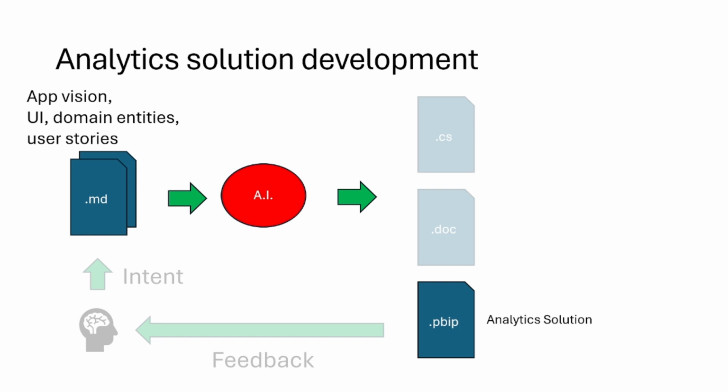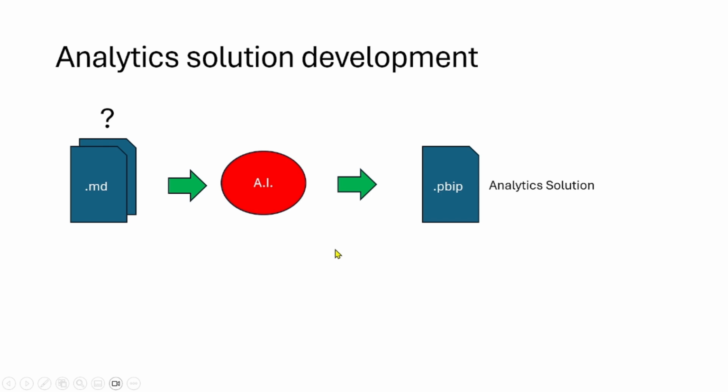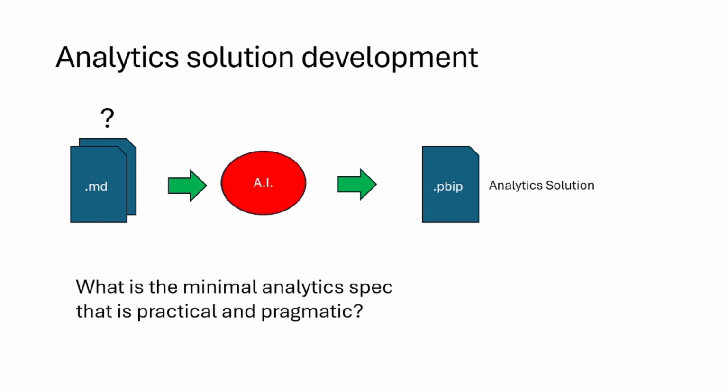These are not the best way to communicate intent for an analytics solution. So then, what is it? What should go in as input to the AI so that it can generate an analytics solution? And we would also like to know what is the minimal analytics spec that is practical and pragmatic.